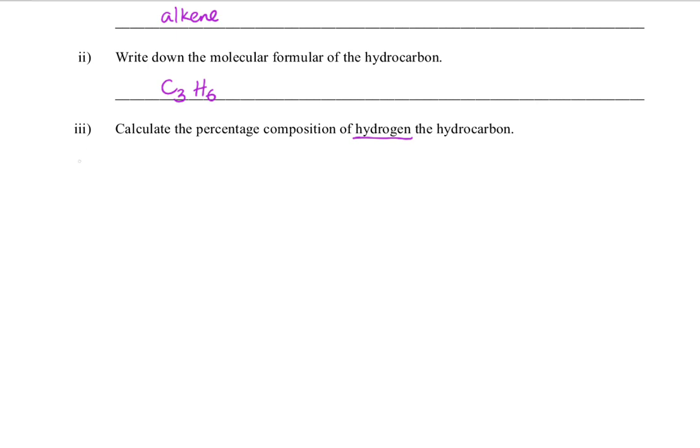So the percentage composition of hydrogen is going to be equal to the hydrogen over the total compound, then all of it multiplied by 100%.